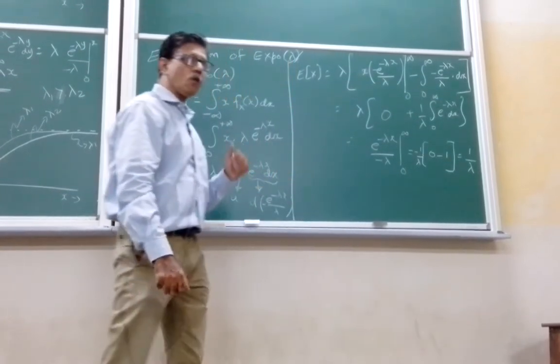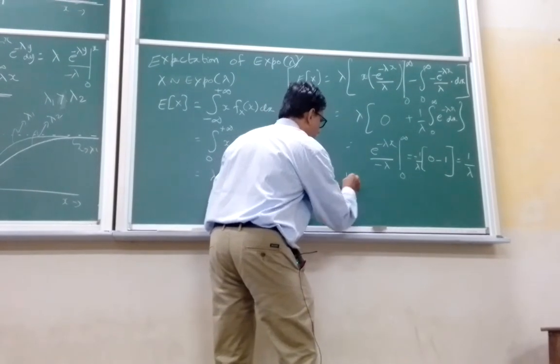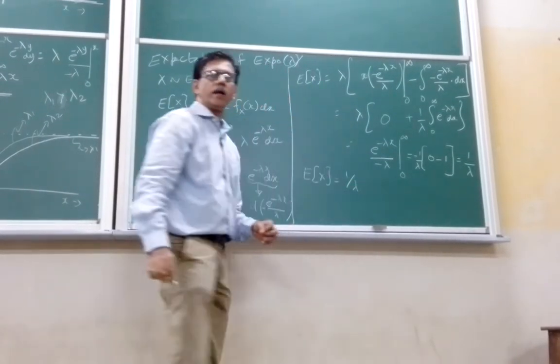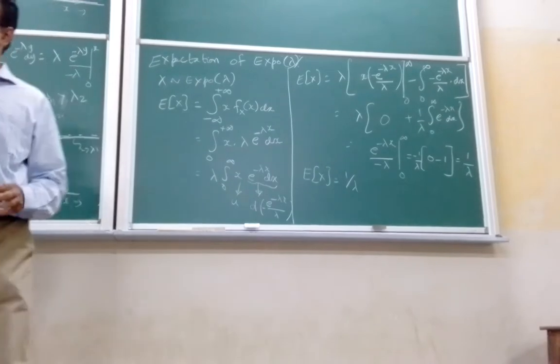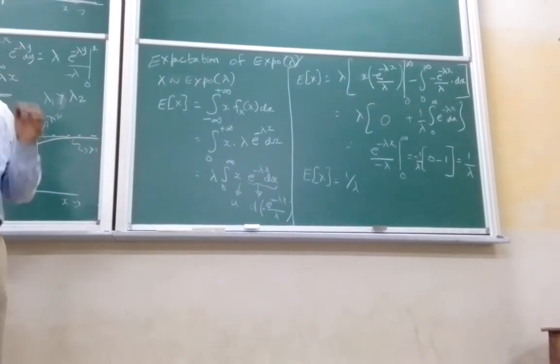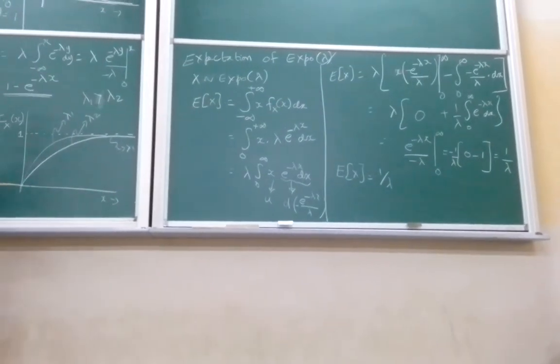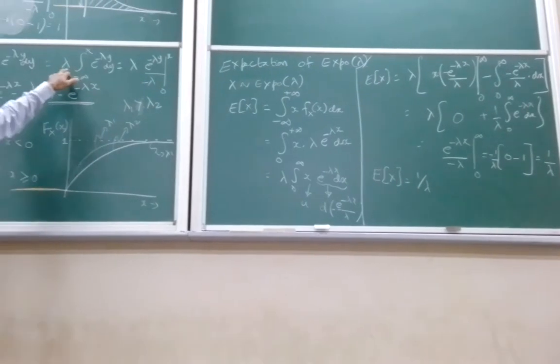So what we find is 1 over lambda. So the expectation of an exponentially distributed random variable is the inverse of its parameter.